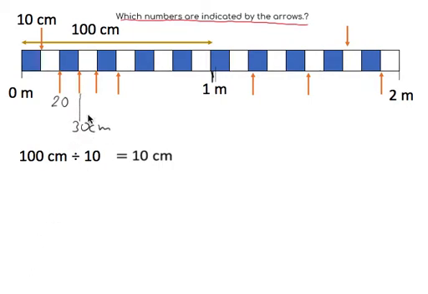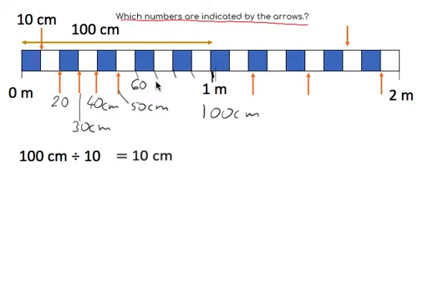If you know your tens, then you can find that quite easy. 40 centimeters, and the next one would be 50 centimeters, and then you would have 60, 70, 80, 90, till you get to 1 meter, which is 100 centimeters. So if you ever come up against these questions, you can fill in all the gaps, and that'll make you feel a bit more confident.